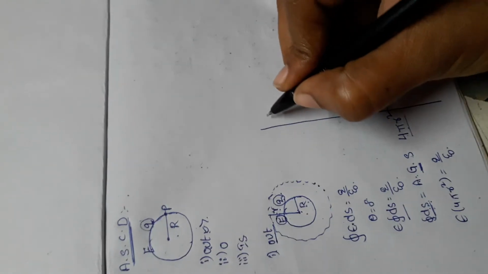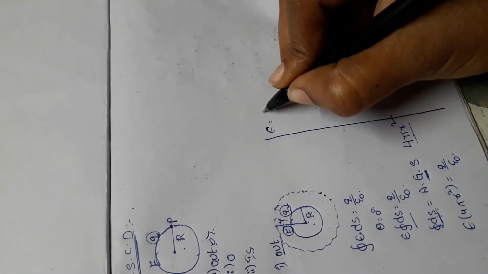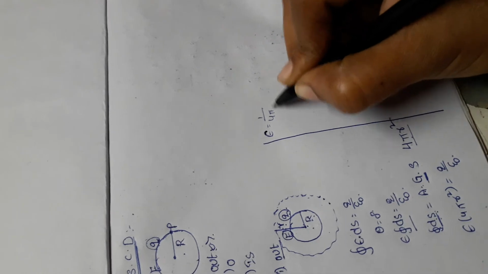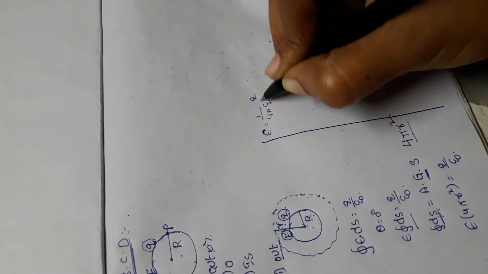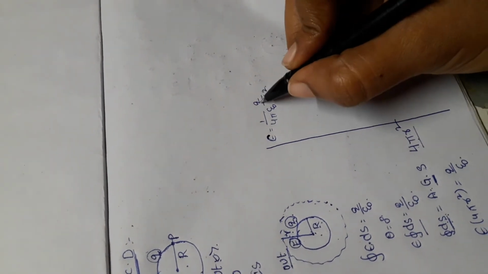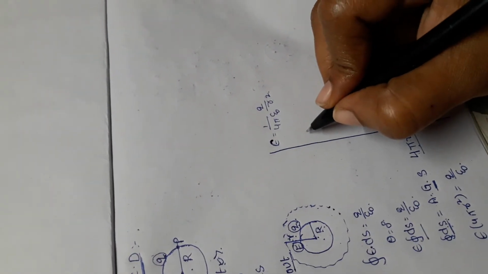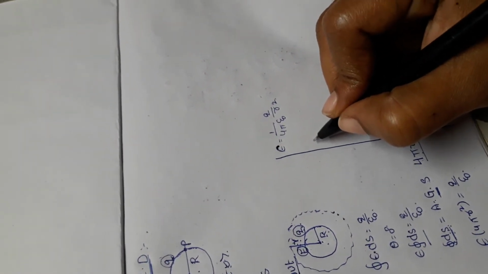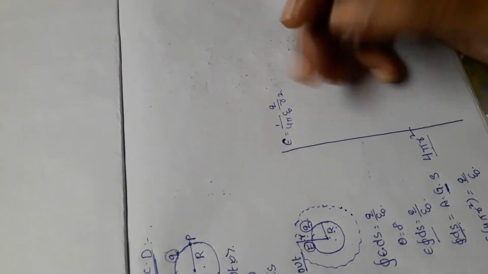Then E equals 1 by 4 pi epsilon naught Q by r square. Again we know the area charge density. Yesterday we discussed volume charge density and area charge density.